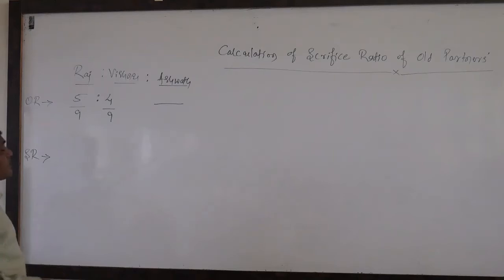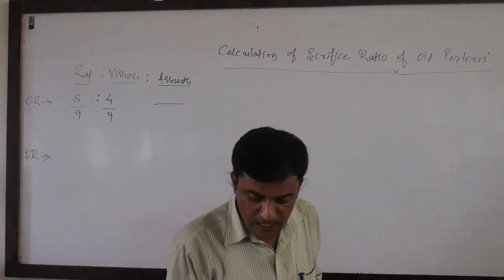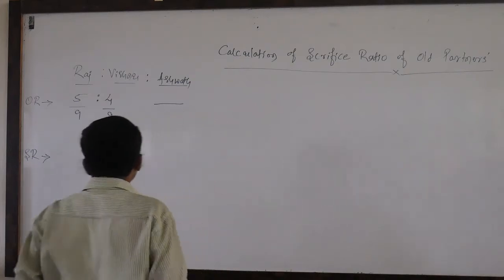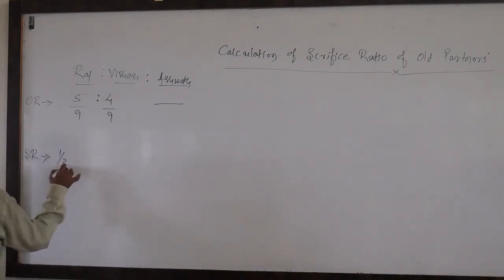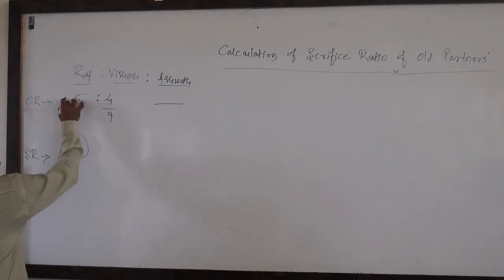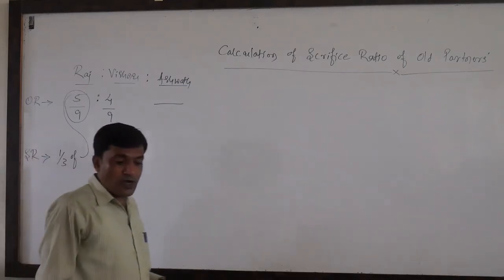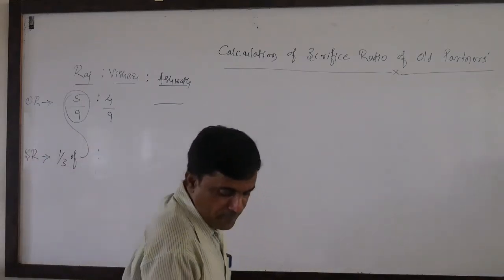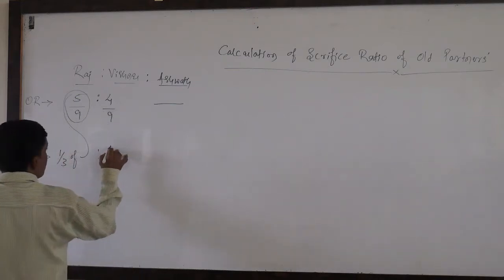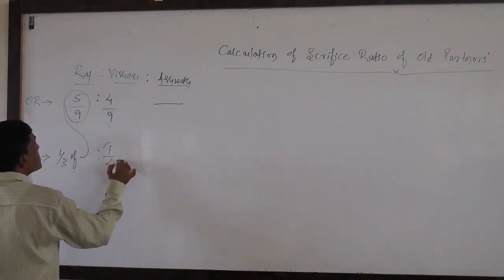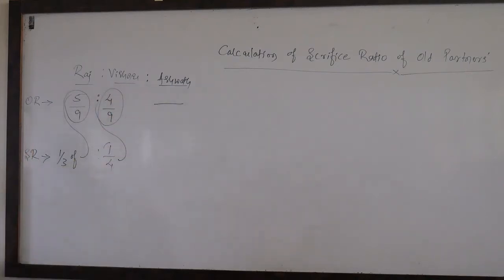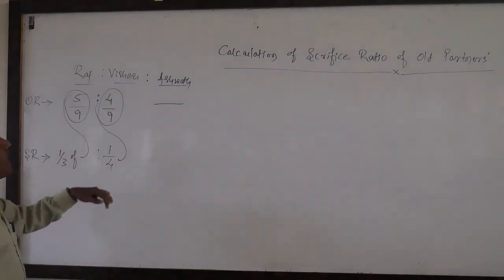So Raj agrees to surrender 1/3 of his share. Similarly, Vishnu agrees to surrender 1/4 of his share. 1/4 of his share means his share is 4 by 9. With this we need to ascertain how much actually the old partners surrendered towards Ashwath.